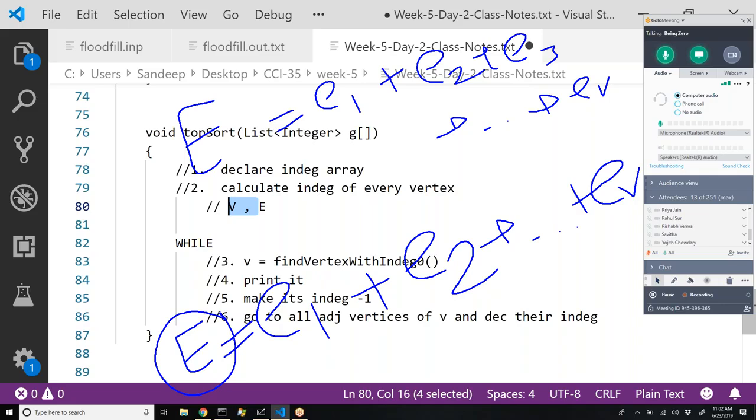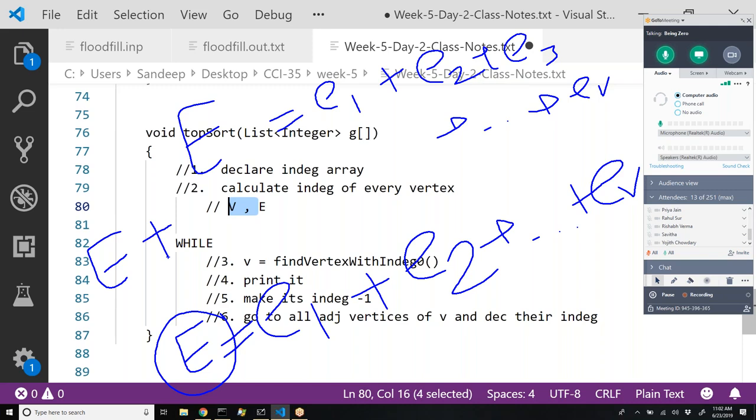Yes. So we can say it is E times, but keep one more thing in mind. If I give you a graph where I put 10 vertices and no edges, there are 10 vertices but no edges in the graph. Now how many times will our nested loop run? Nested loop 0 times. No, overall, when I say nested I mean outer as well as inner.